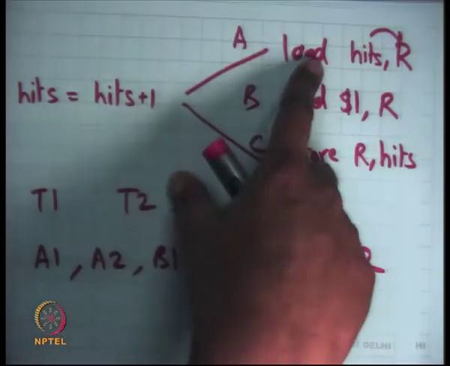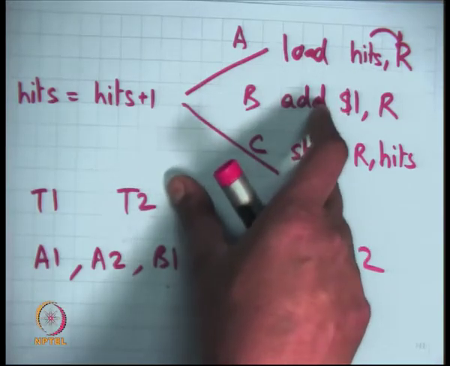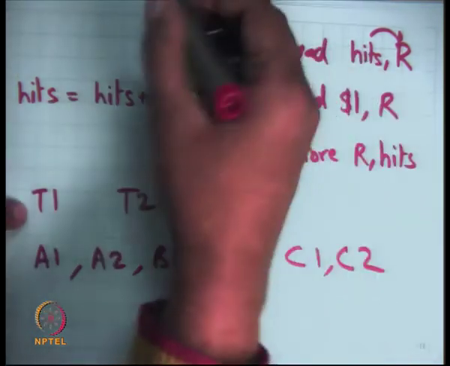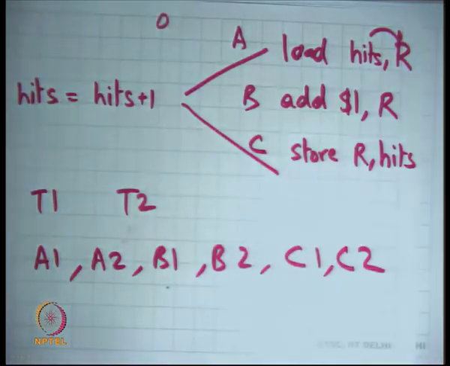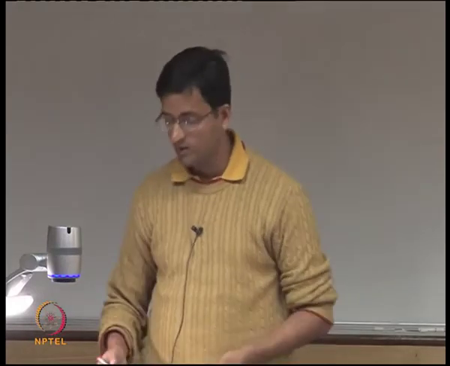What will happen is both the threads will load hits into their private registers. Let's say initially hits was 0. So each thread has a private register and loads the value 0, then each of them increments it, so you get 1 in both the registers, and now both of the registers write 1 to the final output. So what you get is hits is equal to hits plus 1.